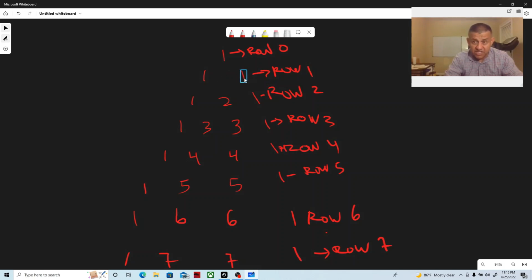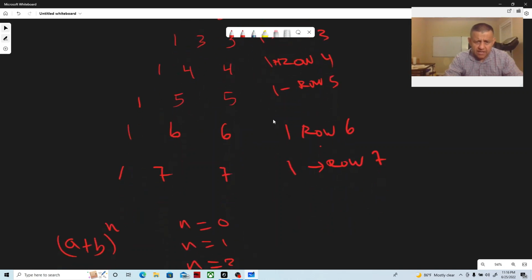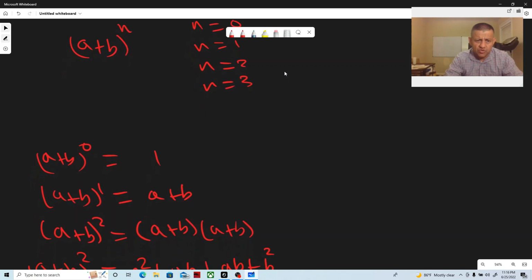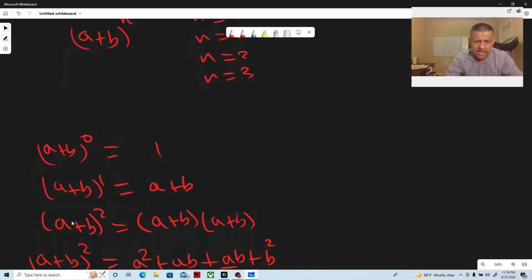It was that number, which is a plus b, correct? Next, we did n is equal to 2. Then we did a plus b squared, right? We did at n is equal to 2. We did this one, right?